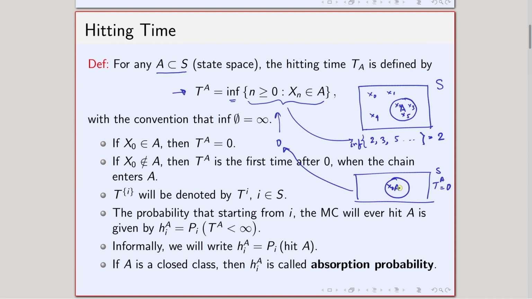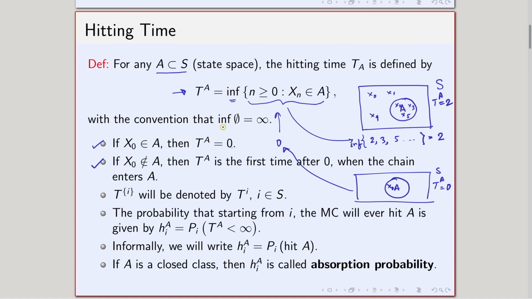So, T_A will be 0 here, but T_A will be 2 in the earlier case. So, these two points are mentioned here: if I start from A, T_A has to be 0. If I start outside A, then T_A is the first time the chain enters the set A after time 0. These are basically the definitions.